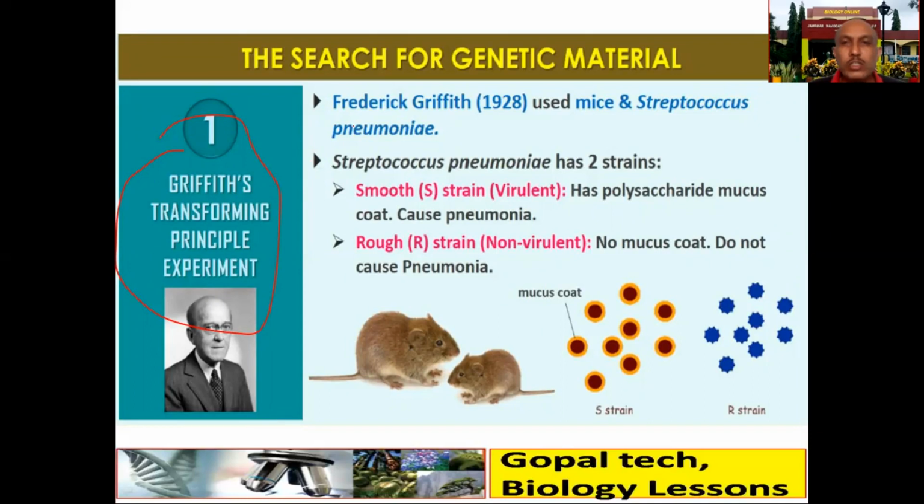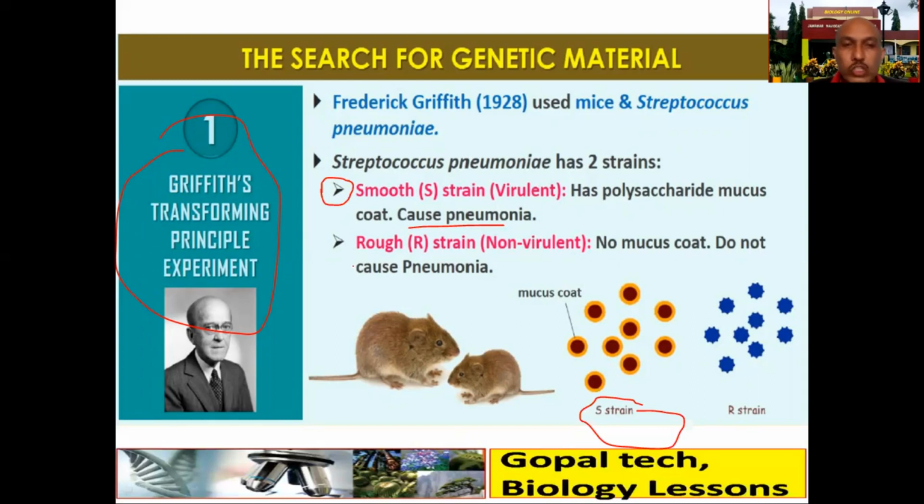So Streptococcus pneumoniae has two strains. One is the smooth strain, that is virulent. The smooth strain we call the S strain. It has a polysaccharide, mucus coat around the bacteria. That is responsible for the disease, that is, it causes pneumonia. Therefore it is virulent and poisonous.